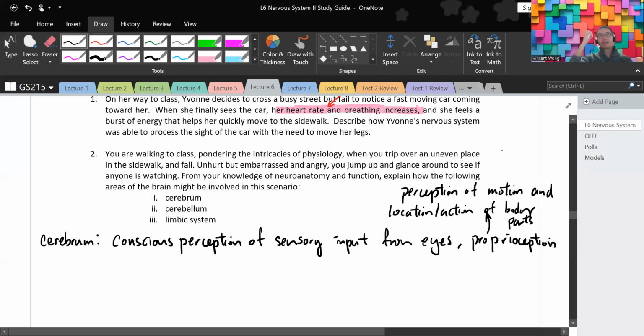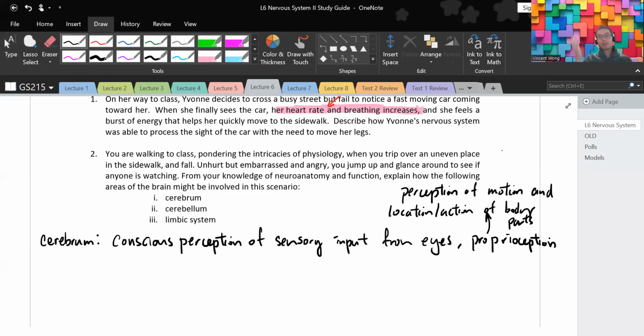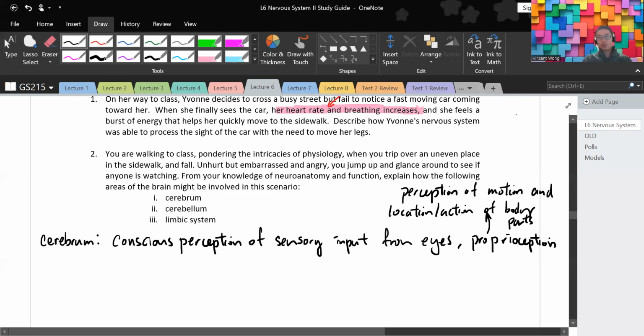Your brain actually has a reference picture of how you should look when you're doing certain things. So if you are sitting there, you should be like this. And your brain would know something is wrong if, for example, your legs are up instead of down. That could indicate that you're falling.